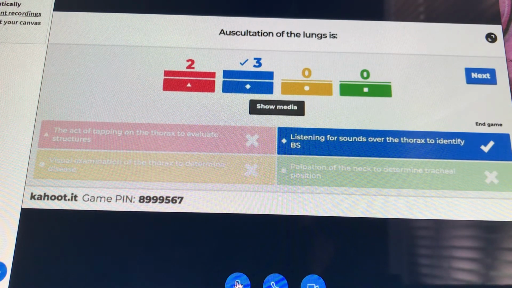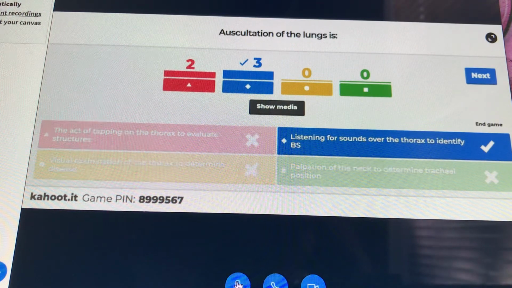A tracheal shift away from the affected side would indicate a pneumothorax. A tracheal shift towards the affected side would indicate usually a massive atelectasis or lung collapse.